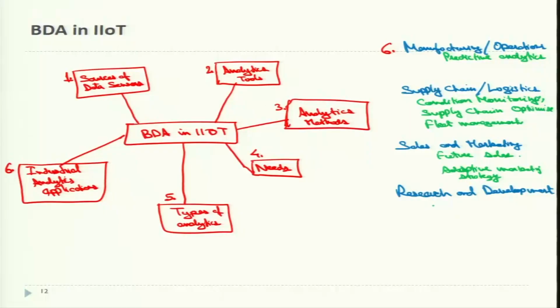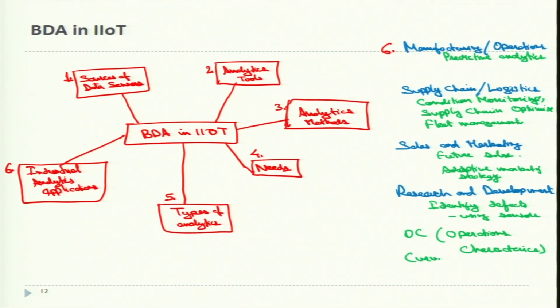Even after being shipped to the customer, the test could be taken by the sales manager or the after sales manager there itself. So, we can identify defects using sensors. So, this helps us to develop a better OC curve, that is operations characteristics curve.